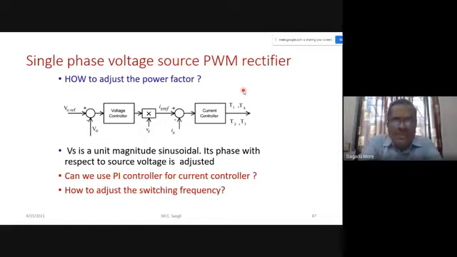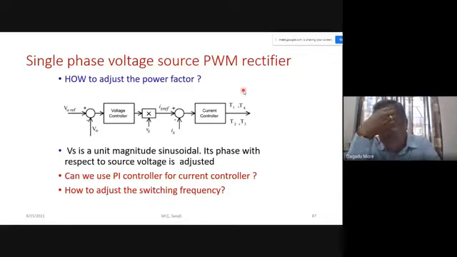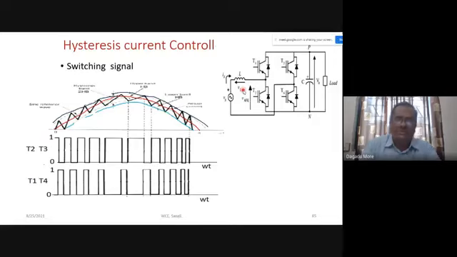Now, in the case of hysteresis control, how do we adjust the switching frequency? In hysteresis current control, how do we adjust the switching frequency? This band we call the hysteresis band.